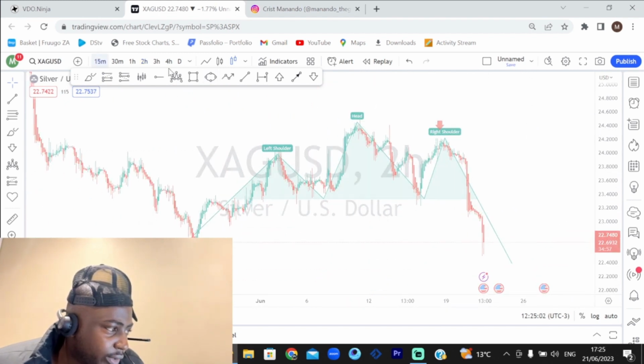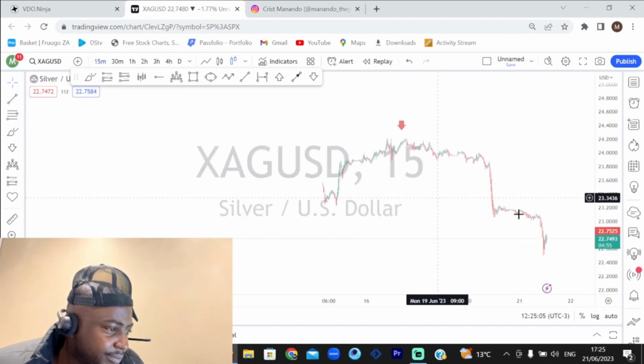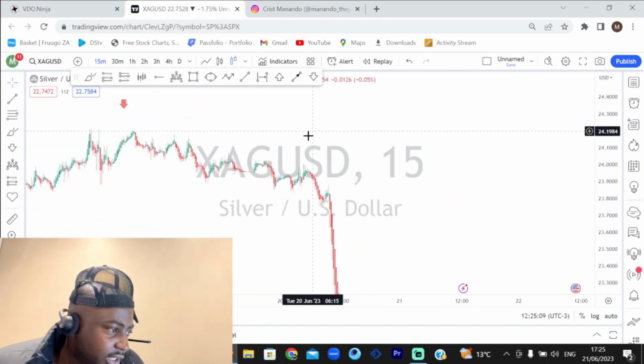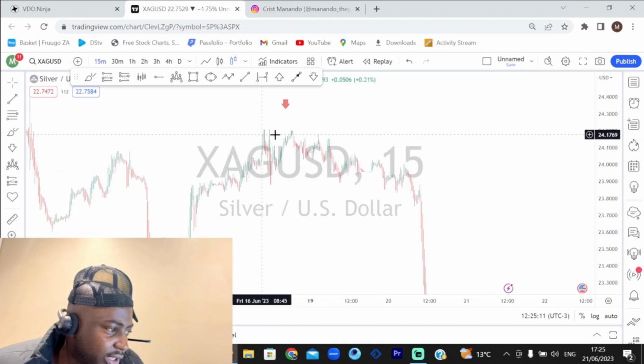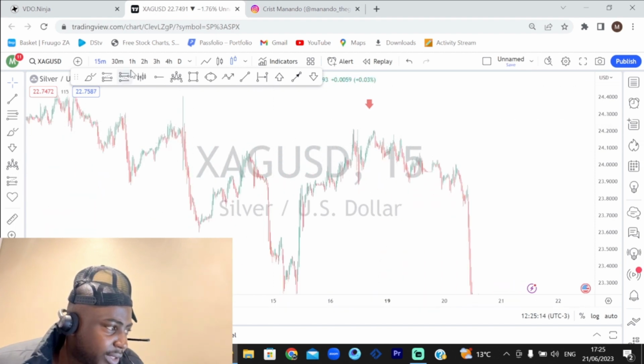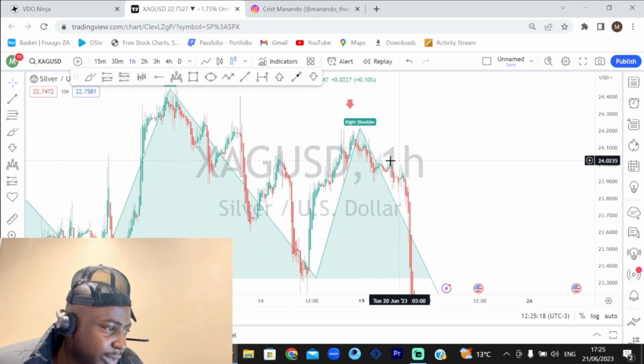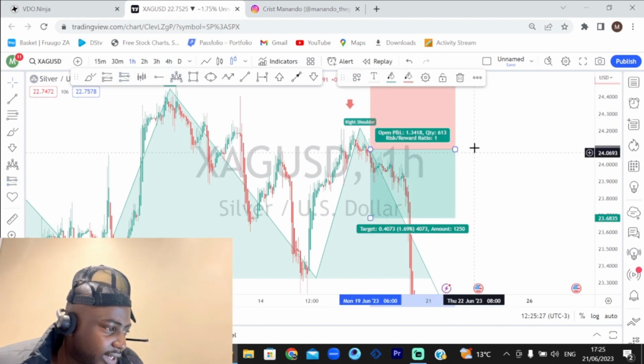So cool, I'm gonna go back to the 15-minute time frame. As you can see, the price is just choppy. So at this point, the 15-minute time frame is not really helpful. Go back to the hourly time frame, and you could have literally opened your trade at any given point, right?